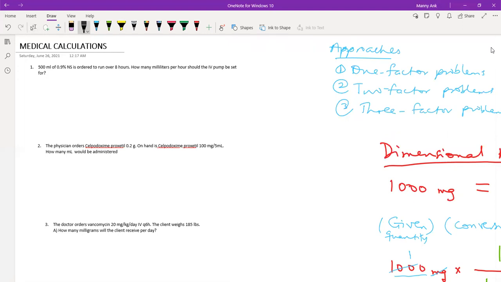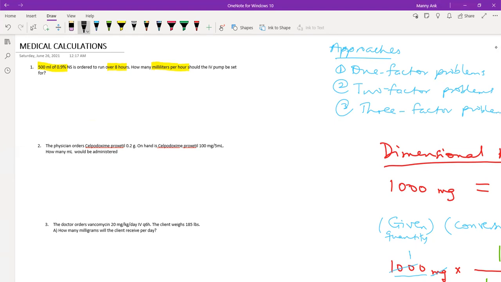We've been given 500 ml of normal saline, running over 8 hours, that's the time duration. You want milliliters per hour.